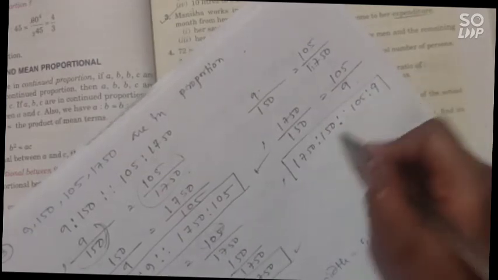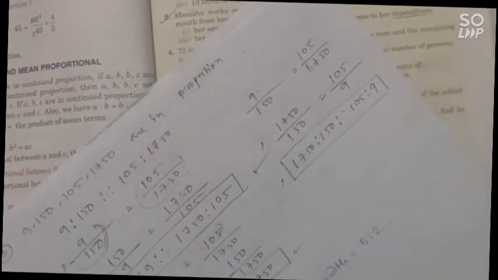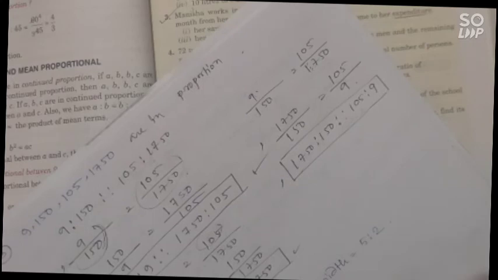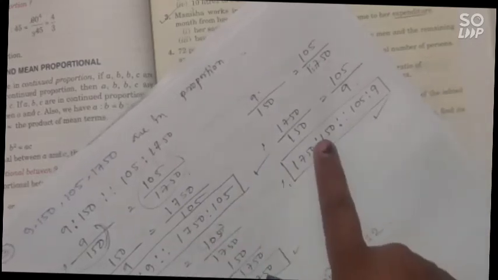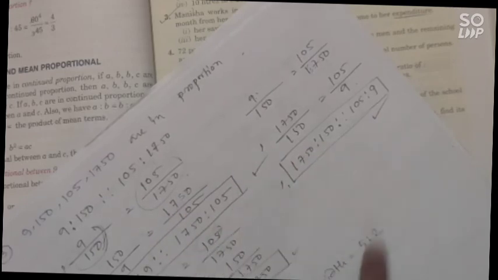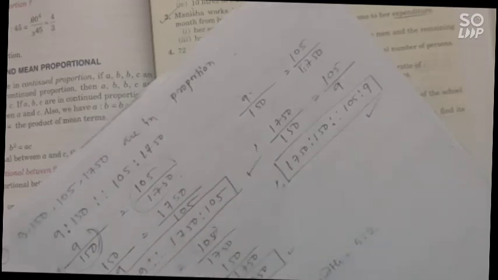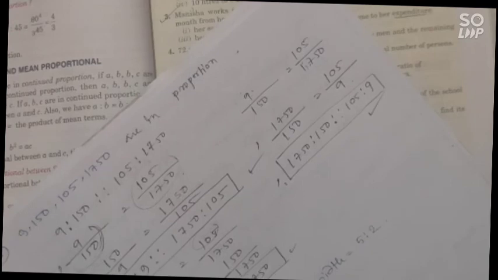This is also a new set. So we can set three different proportions from these proportional numbers.